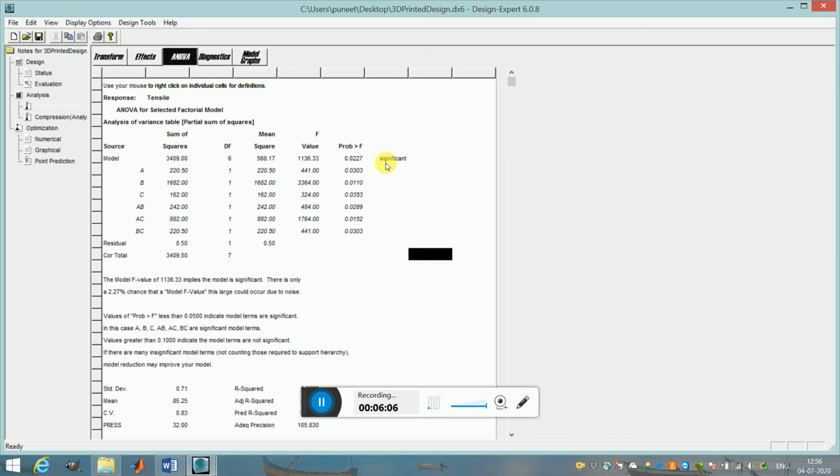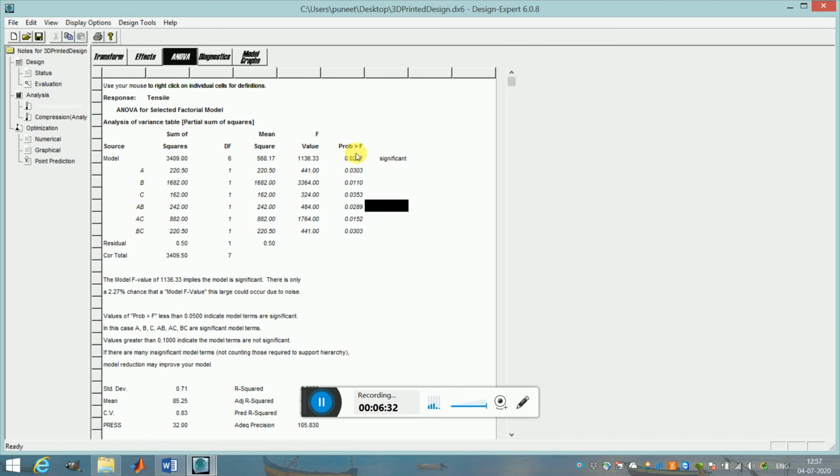This one should be significant. This means the equation that I am getting is significant. The model is significant. Also, these are the factors A, B, C, and the interactions AB, AC, BC.